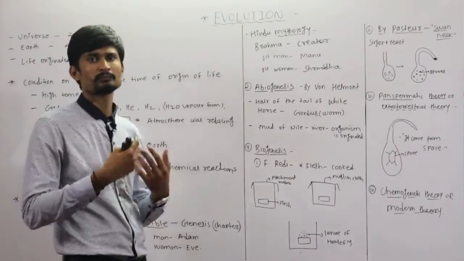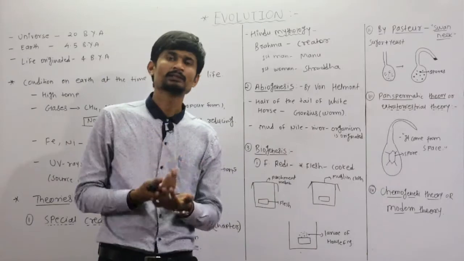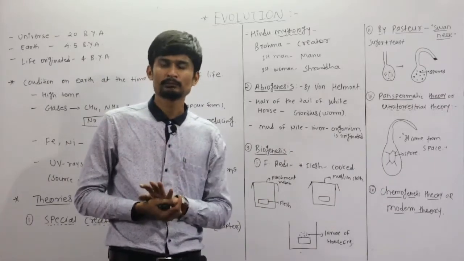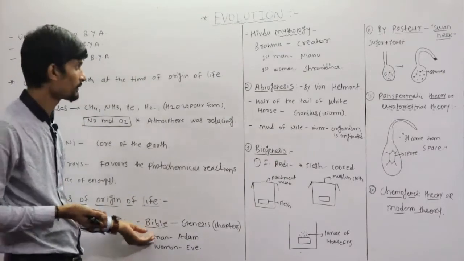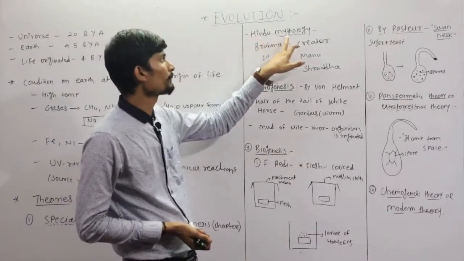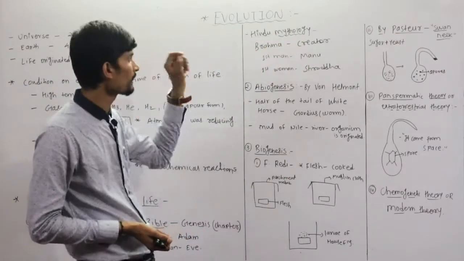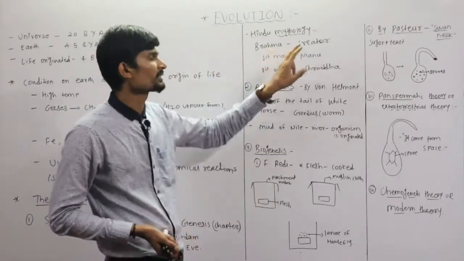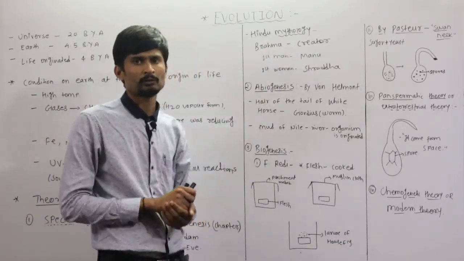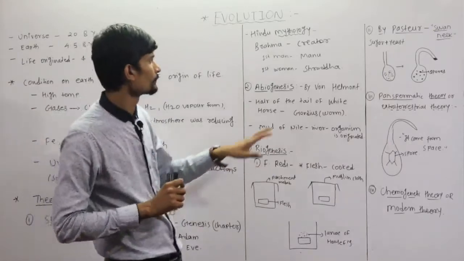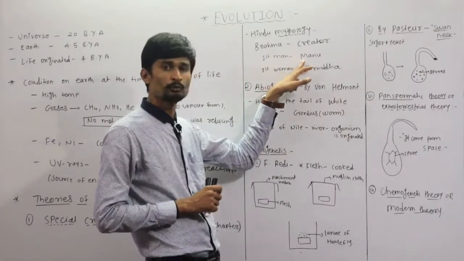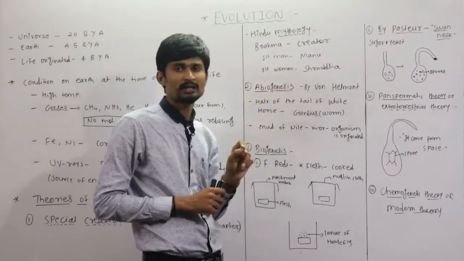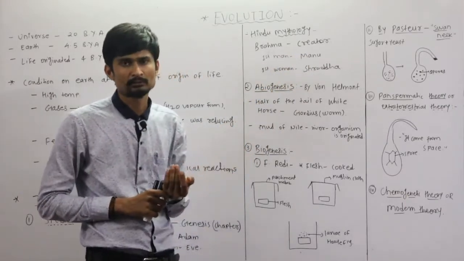There are different religions, and in the different books of those religions the theory of life is given. According to Hindu mythology, Brahma is the creator of life or the universe. The first man is considered Manu and the first woman is Shraddha.